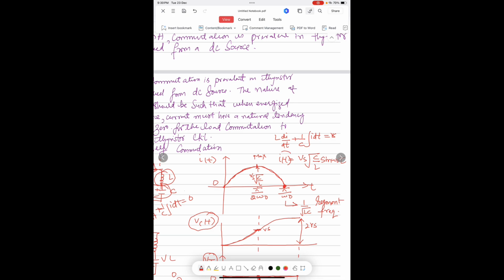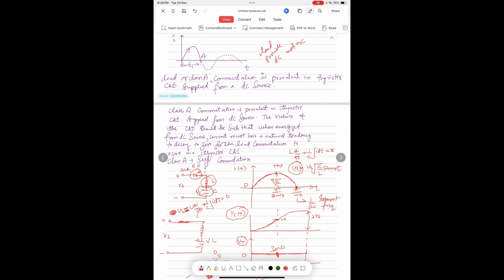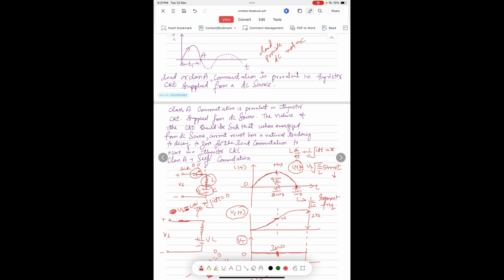From that we calculate i(t), which is the current, equal to Vs root C upon L sine omega t, where omega is the resonant frequency. When this current passes through L and C, first of all it rises slowly and reaches the maximum value. Why does it rise slowly? Because of the inductor. The inductor has a property that it does not allow sudden change in the current. That is why in the graph it rises very slowly and reaches the maximum value.